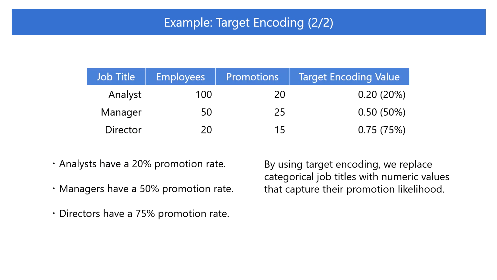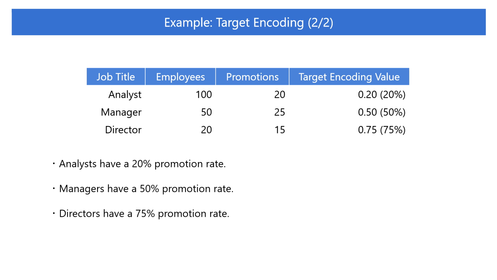Similarly, we calculate target encoding value for other job titles to predict promotion likelihood based on job titles. According to the results, analysts have a 20% promotion rate. Managers have a 50% promotion rate. Directors have a 75% promotion rate.